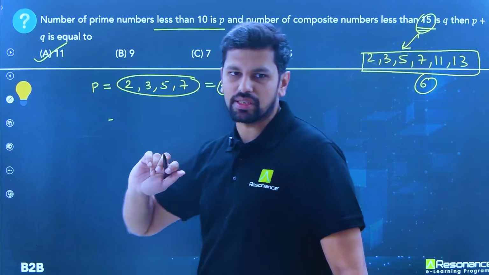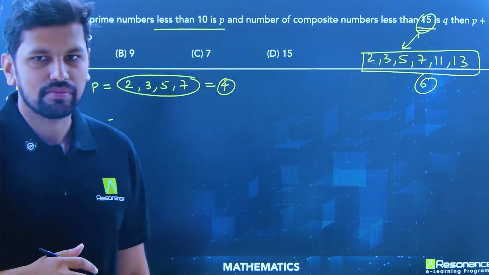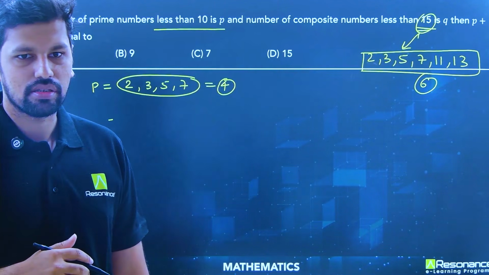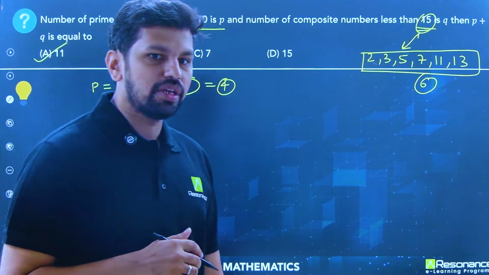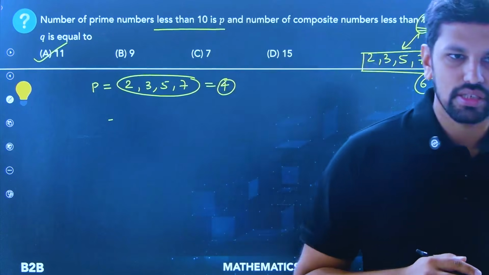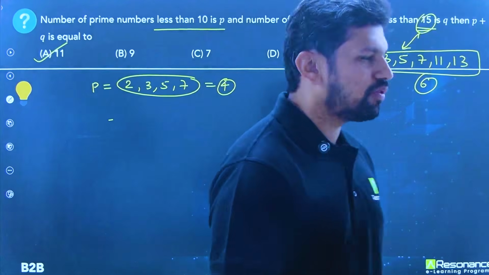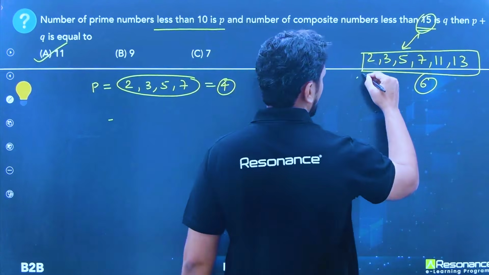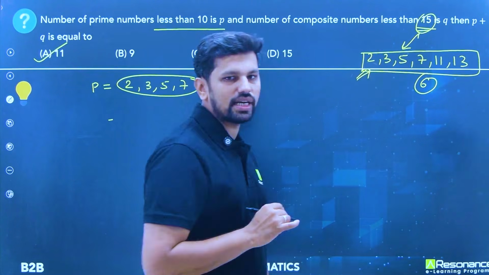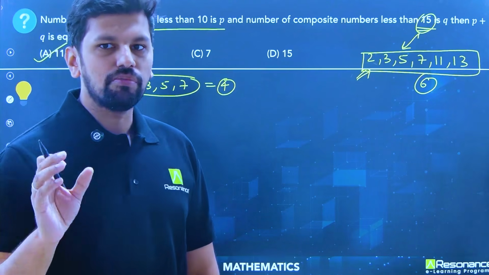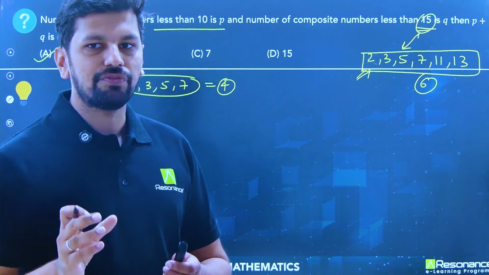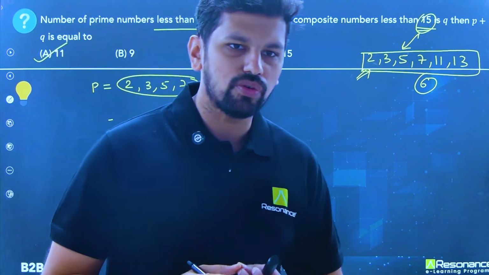And 4 prime numbers are below 10. One should be removed. But I am just saying these are the prime numbers. So remove all the prime numbers. So 15 minus 6 will be equal to 9.